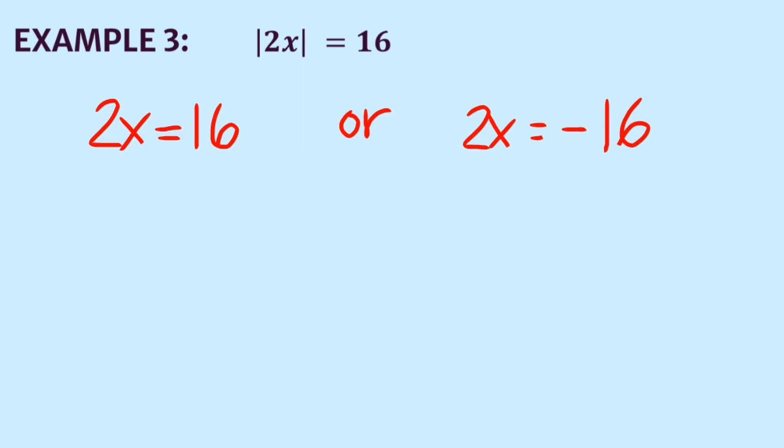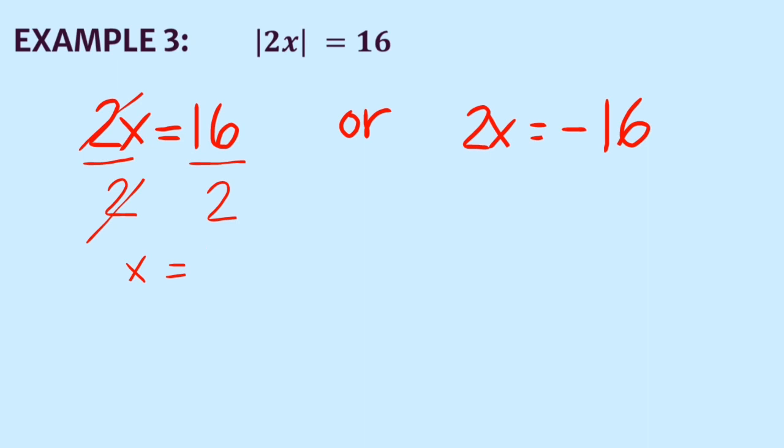Now, let's solve the first statement first. Based on our past discussions, what are we going to do with this one? To eliminate 2, we have to divide by 2. So we will be left with x. This will be cancelled out and we are left with x is equal to, what is 16 divided by 2?